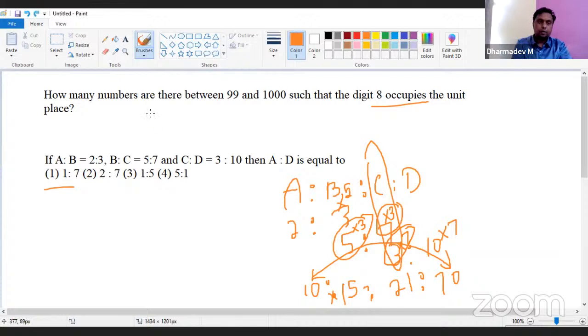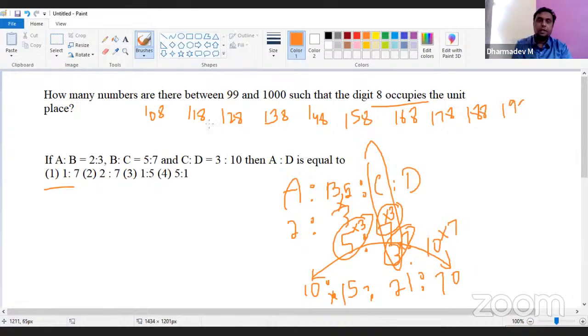So 108 unit place is 8, then 118, 128, 138, 148, 158, 168, 178, 188, 198.